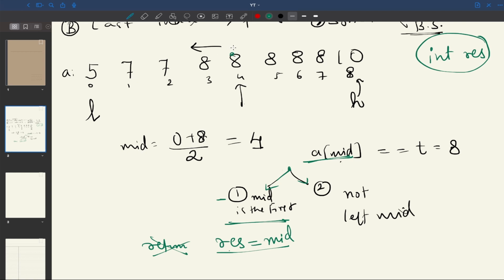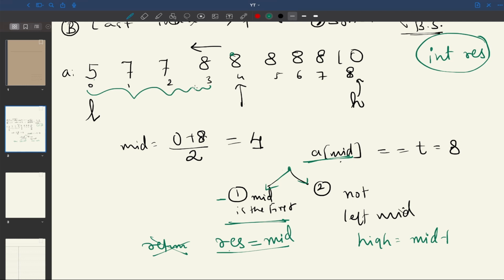How will you do that? Suppose your low and high is here. Now you have to search in which half? This half, the left-hand side, which means your high is now going to be mid minus 1. You get my point? So I'm going to say here high equal to mid minus 1 because now you're going to search in this part of your array. Is this understood?